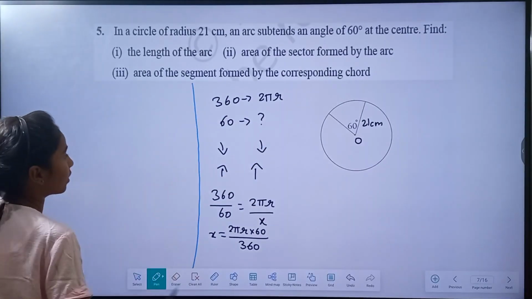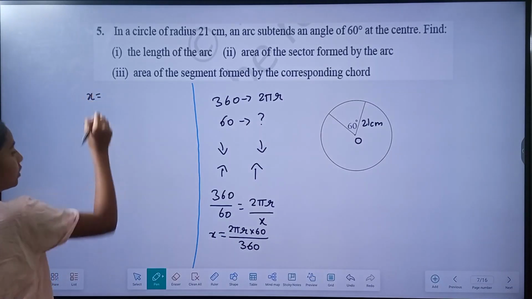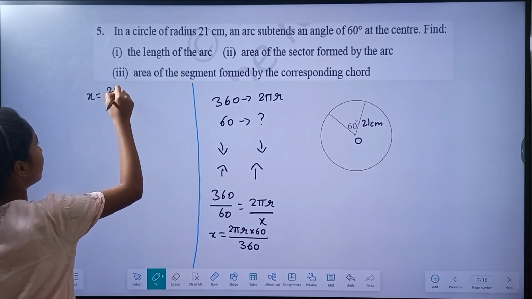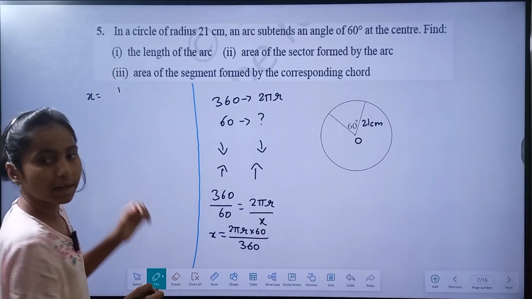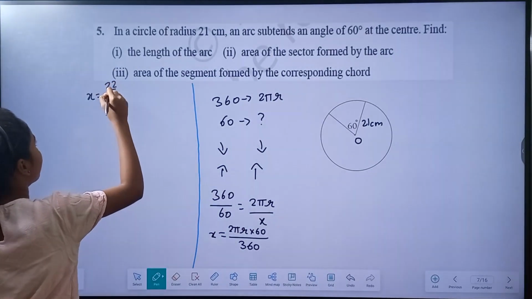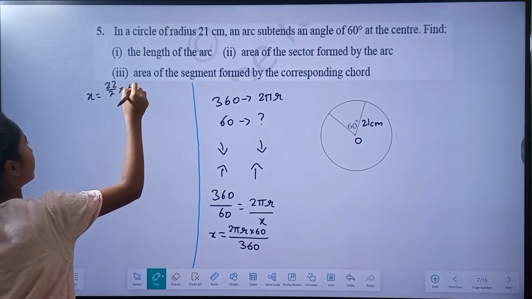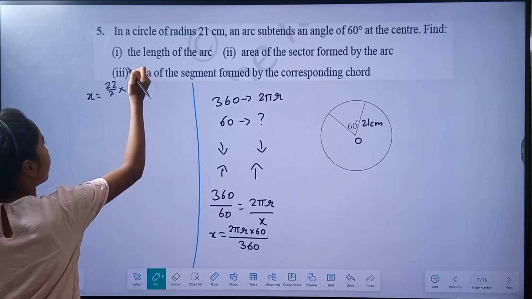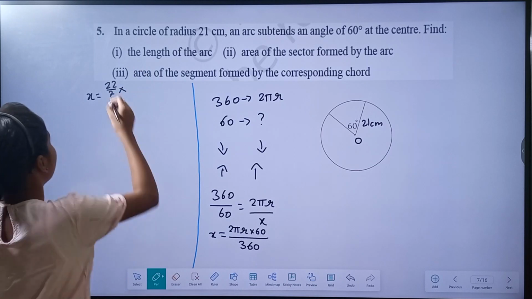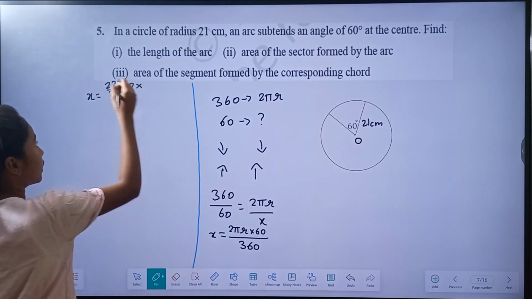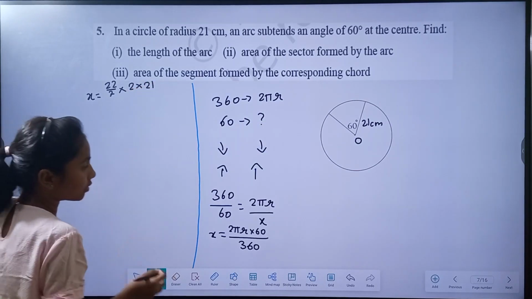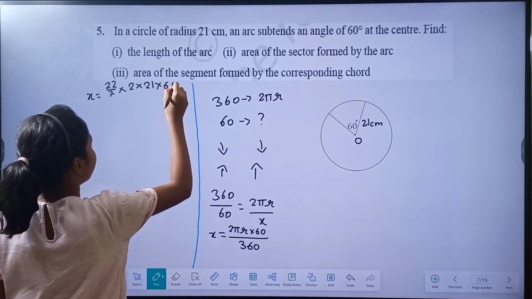So over here we get x equal to 2 pi into 21. Let us take pi as 22 by 7. 22 by 7 into 2, because 2 pi, and r we have 21, into 60 whole divided by 360.